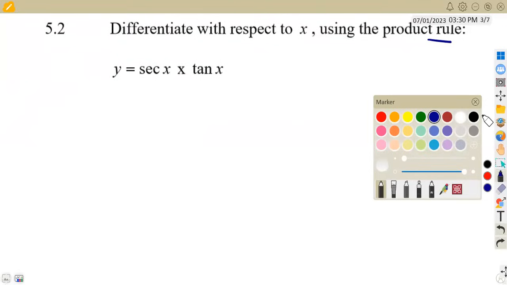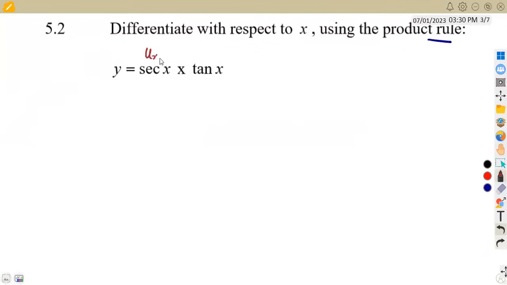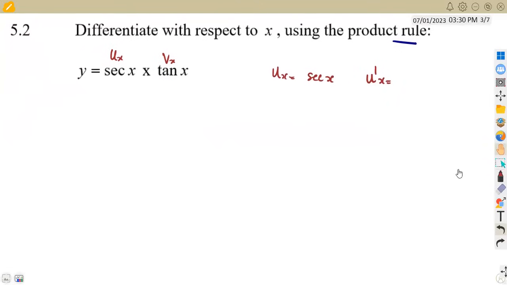All right. So let us have this as our u(x), this one as our v(x). So just like the previous part, if our u(x) is sec x, we are going to need its derivative. The derivative of sec x we are given from our formula sheet. This is sec x tan x. So here we do not have a number like 5, like 7, like the previous part.